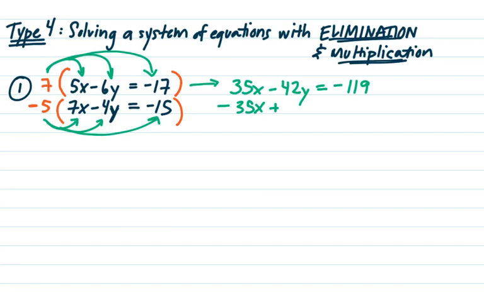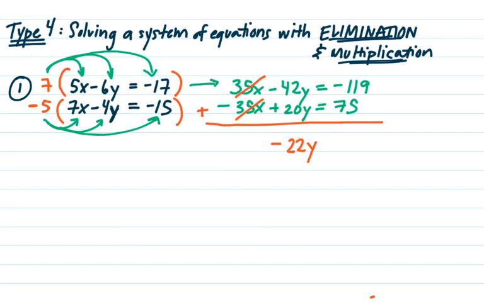Then we'll get plus 20y, and we'll get minus 5 times minus 15 is plus 75. Now this is much more helpful because if you notice, these first two terms, 35x plus a minus 35x, will cancel, which is what we wanted. Now we're just left here with minus 22y when we add, equals minus 44.